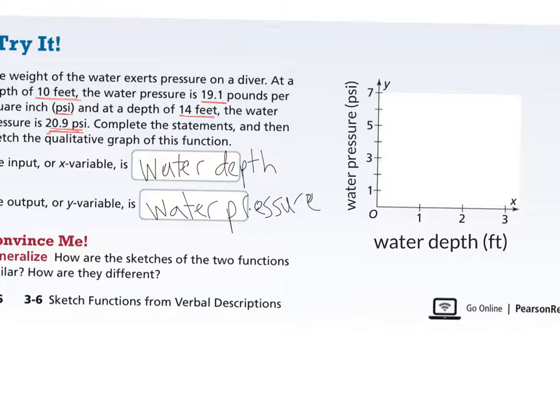Increasing, yeah. 10 feet, 19.1, 14 feet, it increased a little bit there. So there is going to be some relationship here, a positive relationship. And again, we wouldn't necessarily have these numbers here on our graph. But in general, we could say that the water pressure is increasing as the water depth increases.